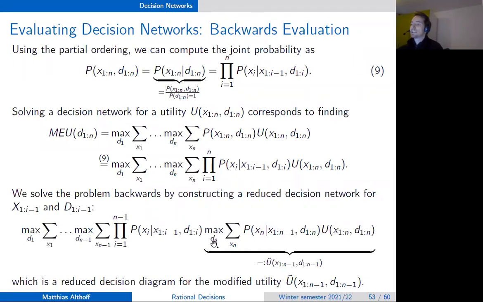And if you maximize the utility for the last decision, then you get a new value, and this can be interpreted as a new utility value for a reduced problem where you only have to deal with decision 1 up to n-1. Because the last decision has already been made, we can compute this kind of new utility, u tilde, and then it's like a new problem with just one decision variable left, and then we repeat this over and over again. And then we, in the end, obtain this optimal decision sequence.